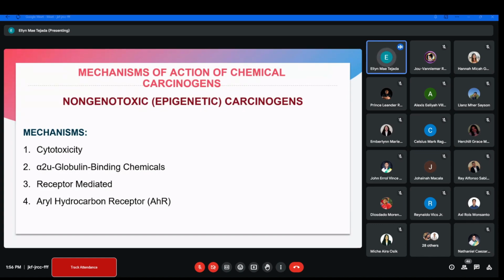So aside from the P450 inducers, we also have the peroxisome proliferator. Now, this peroxisome proliferator actually activates the receptor that is binding to it. Now, the chemicals under this category are capable of increasing the number and volume of peroxisomes in the cytoplasm of cells.